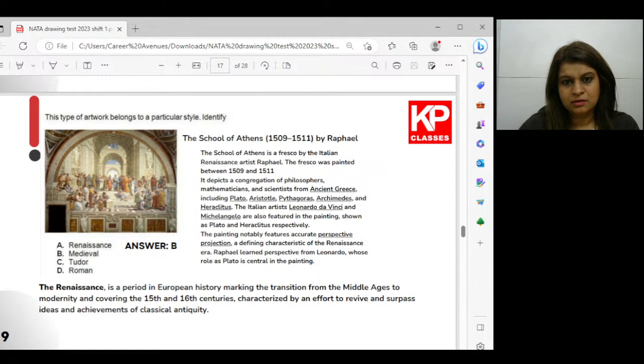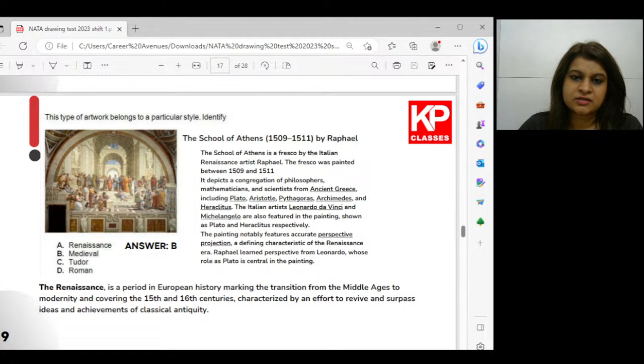And moving ahead, knowing a little bit more about this particular artwork. It depicts a congregation of philosophers, mathematicians, and scientists from ancient Greece, including Plato, Aristotle, Pythagoras, Archimedes, and Heraclitus.